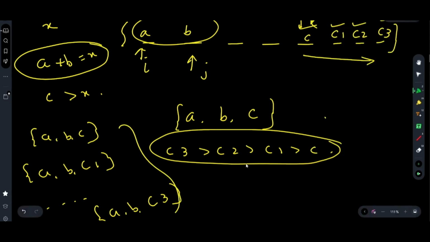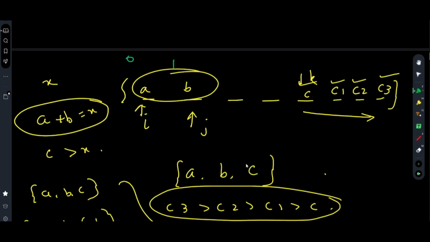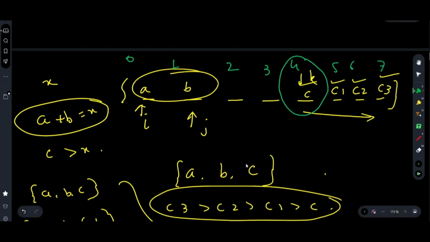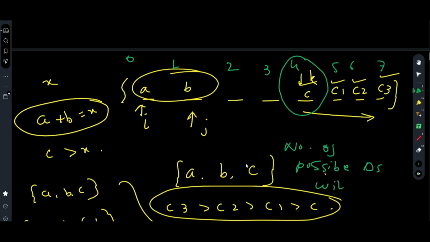So what is this particular index? Suppose this is 0, 1, 2, 3, 4, 5, 6, 7. It is an 8-length array, and the index value where the upper bound exists, K, is at index 4. So you can understand very well that the number of possible triangles with i and j as two sides, what will this value be?